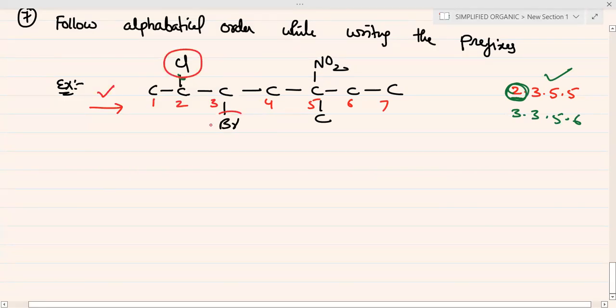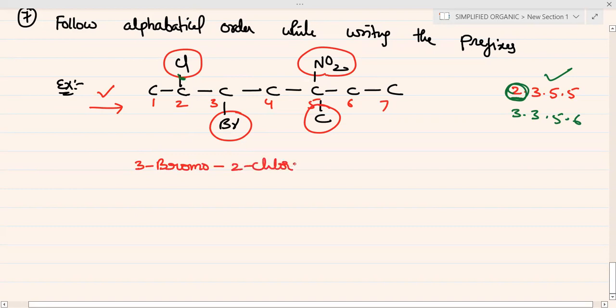After deciding the numbering, now these are the substituents. We have chloro, we have bromo, we have nitro, we have methyl. So while writing the name, I have to follow alphabetical order. That is 3-bromo, B will come first. Then comes 2-chloro, positions are compulsory. Then L, M, N: M will come first, so methyl, 5-methyl, then 5-nitro.